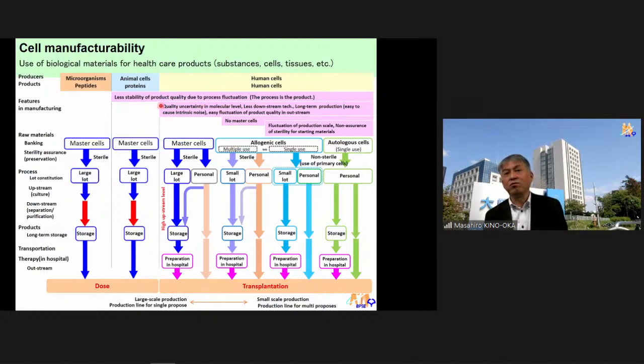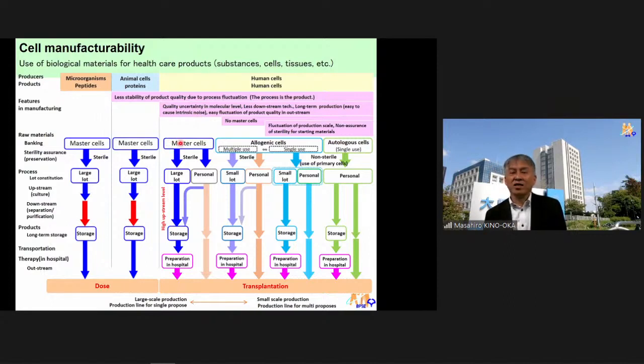That means quality uncertainty at the molecular level, less downstream technology, and a very long-term manufacturing duration. It is easy to cause intrinsic disorder and easy to fluctuate the product quality in the outstream. That's the case of the iPS cells.